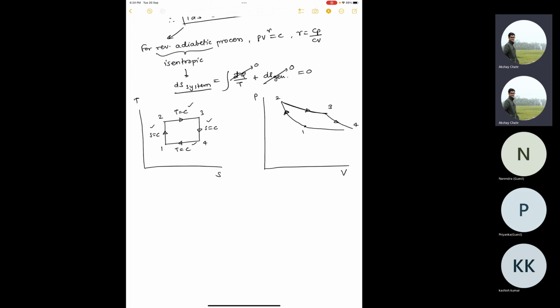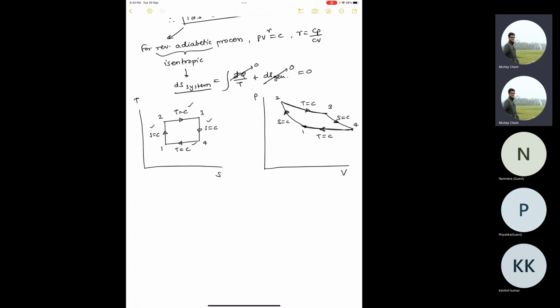And then you'll have compression back from 4 to 1. Actually, these lines will be very close to each other. I'm not able to show it properly here. So 1 to 2 will be constant entropy. These are constant temperature. This is also constant entropy. So this question they ask usually.